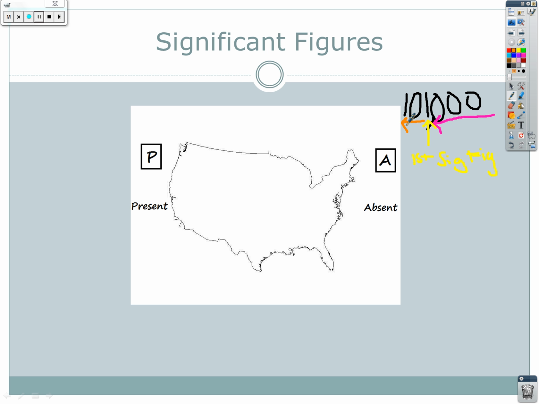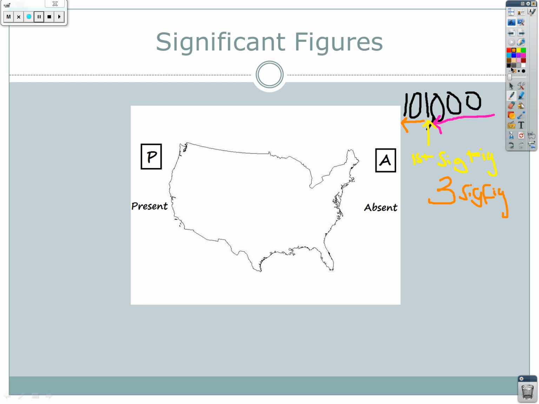So anything to the left is also significant. So 101,000 has 3 sig figs, okay? Alrighty, so that should help you a little bit over there.